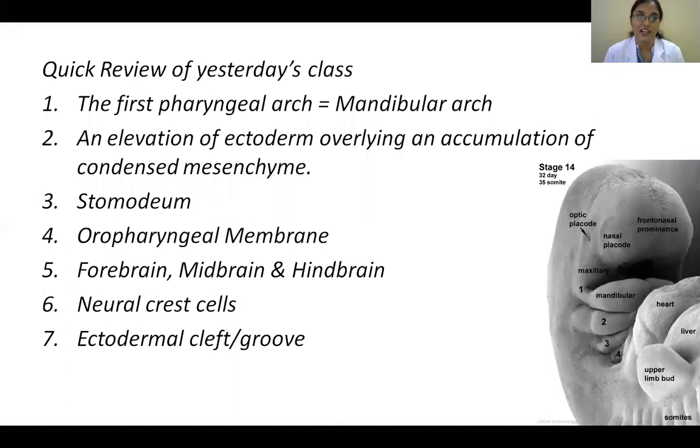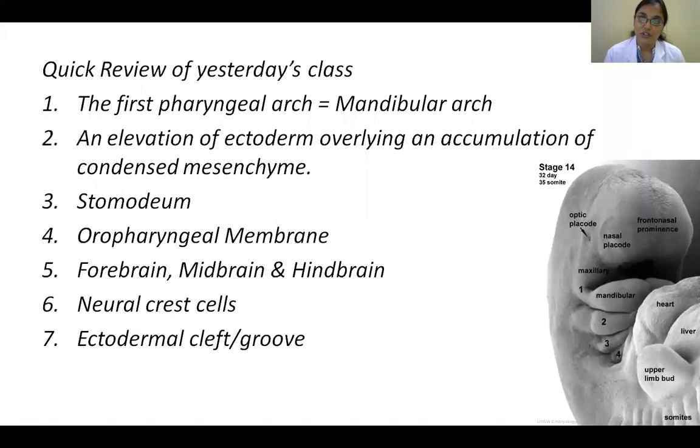We can define a prominence as an elevation of ectoderm overlying an accumulation of condensed mesenchyme. This mesenchyme is an embryonic tissue. Embryonic tissues are epithelial tissue and mesenchyme tissue. This mesenchyme is composed of 2 things: the head mesoderm and the migrated neural crest cells. I hope this is enough to review yesterday's class.